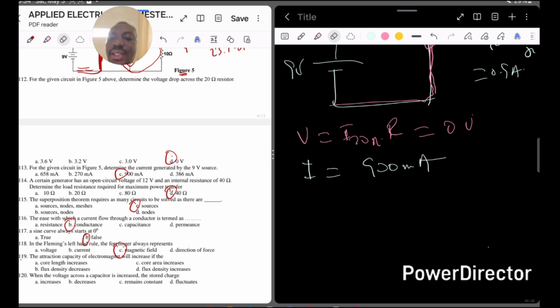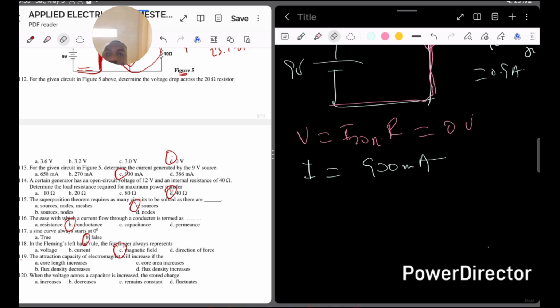Okay, let's move to question 119. The attraction capacity of an electromagnet would increase if: A, core length increases, B, flux density decreases, C, core area increases, and D, flux density increases.